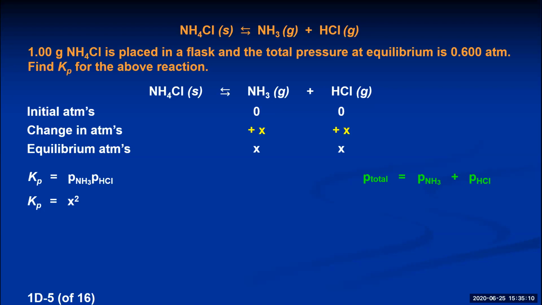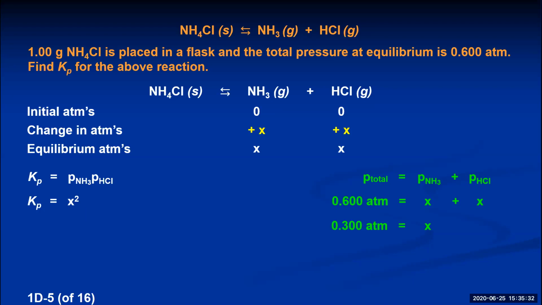So the total pressure is going to be the sum of the partial pressures of the NH3 and the HCl. Now, what were their partial pressures? At equilibrium, they're both X. So therefore, the total pressure of 0.600 atmospheres must equal X plus X. 2X equals 0.600, X equals 0.300.